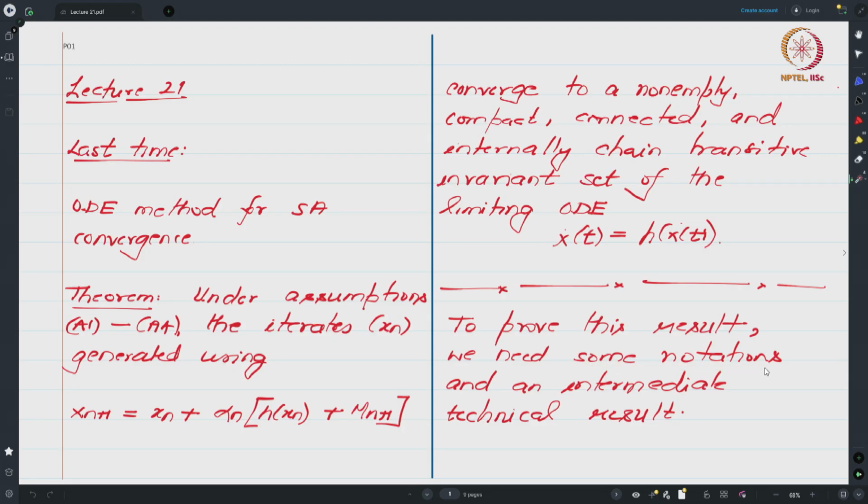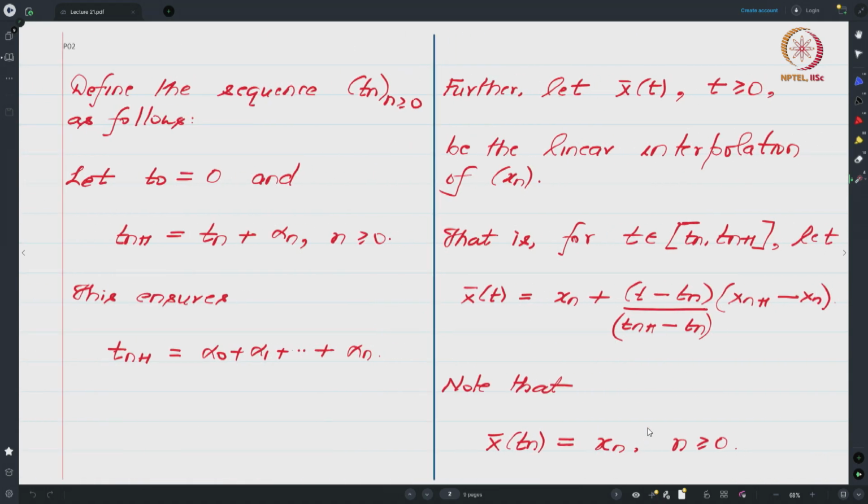to introduce some notations and an intermediate technical result. The first of these notations is that of this time sequence Tn, and the way we will define this is as follows. We will set T0 equals 0, and for every n bigger than or equal to 0, we will set Tn plus 1 equals Tn plus alpha n.